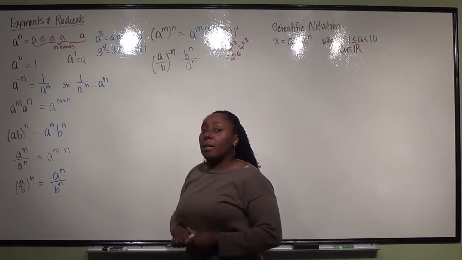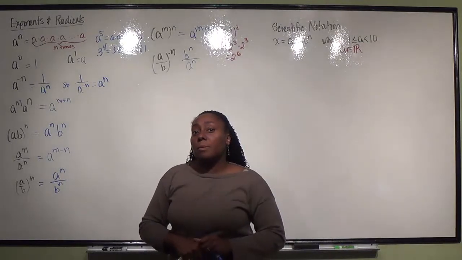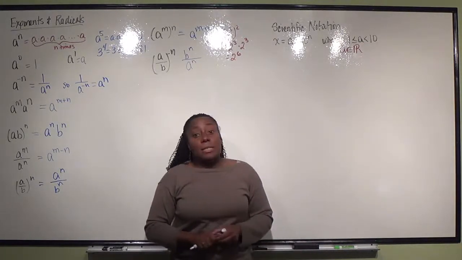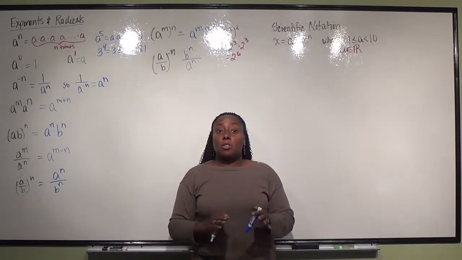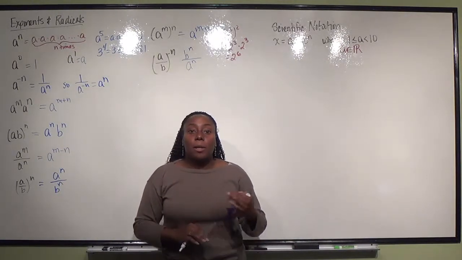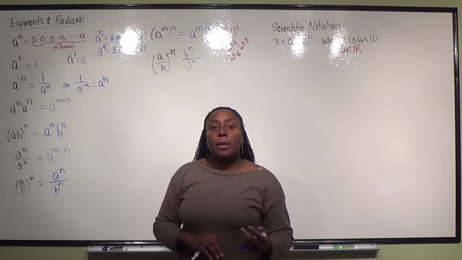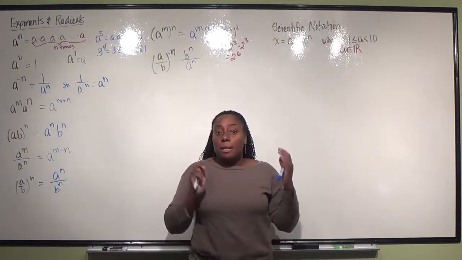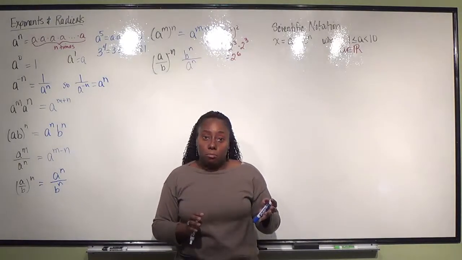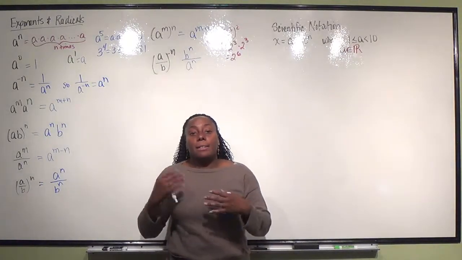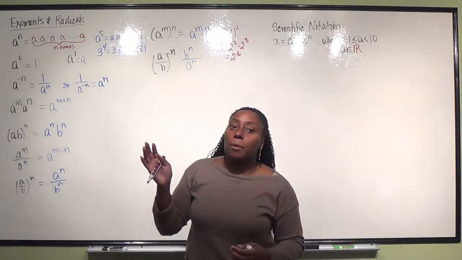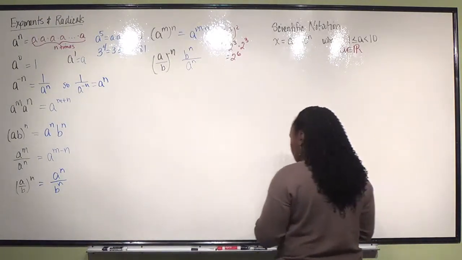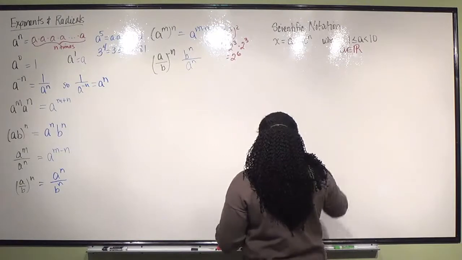More importantly, it's usually going to be a decimal. Okay? We want a to be between 1 and 10 because we want the decimals to be small. I don't want to get a scientific notation that looks like 30 times 10 to the blah. I want it to be some nice number, between 1 and 10, times some number to an extreme power. Okay? And so some examples of scientific notation and how it works.